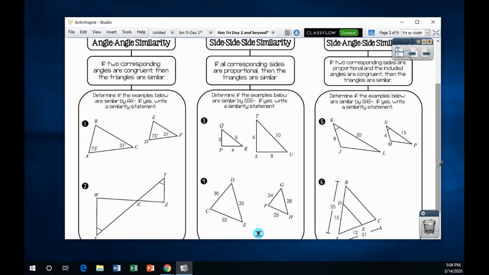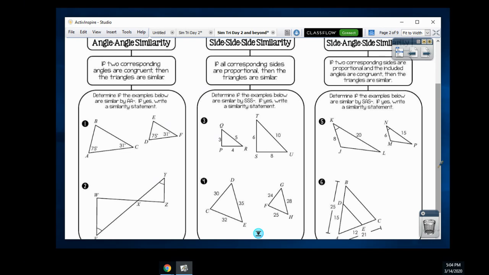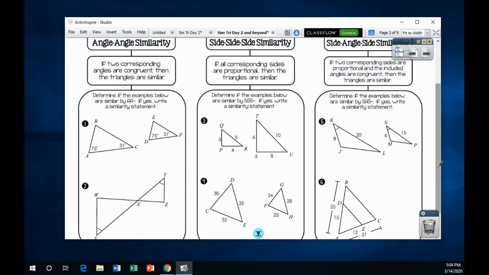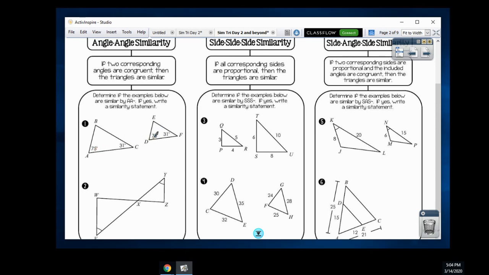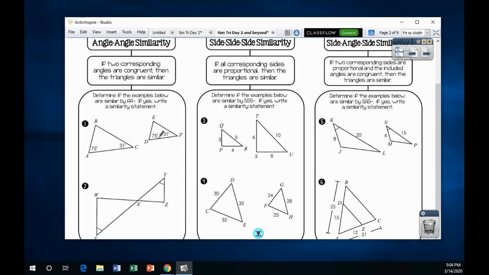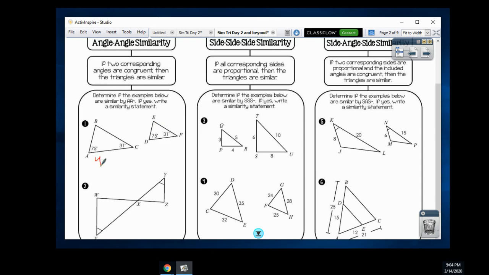Look at this. It says determine if the examples below are similar by angle-angle similarity. If yes, write a similarity statement. So check it out. In number 1, notice angle A and angle D both have the same measure. Angle C and angle F have the same measure. So guess what? We already know angle B and E are going to be congruent. So obviously this would be a yes.